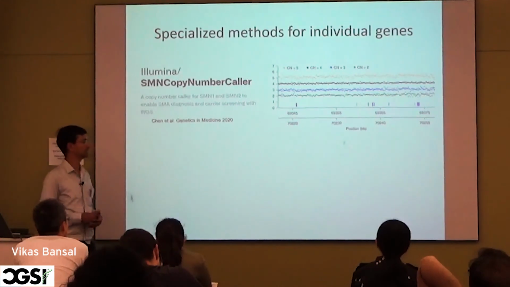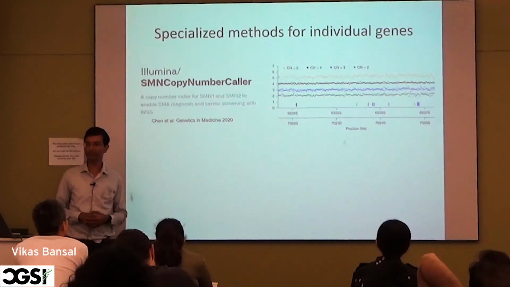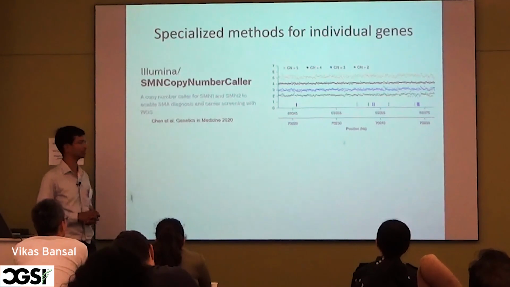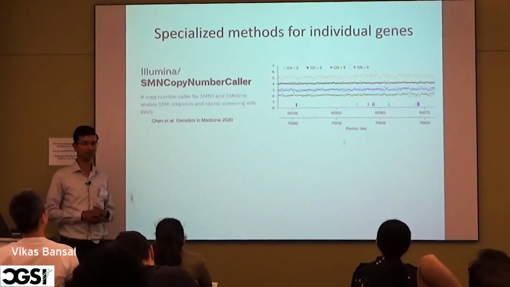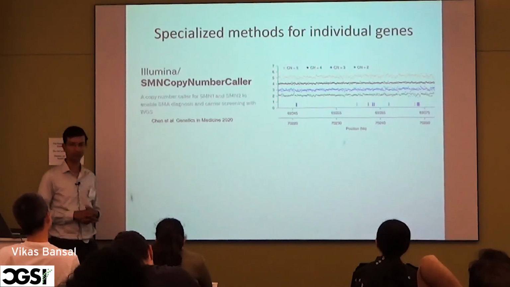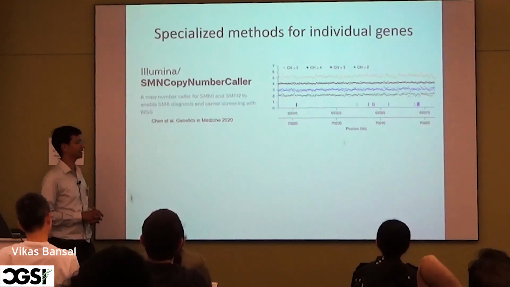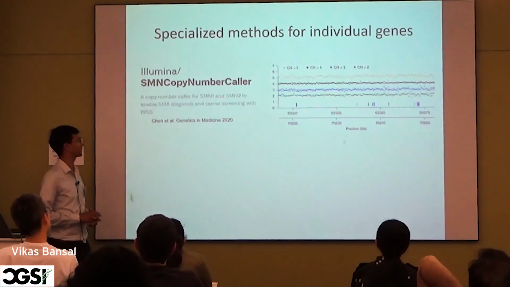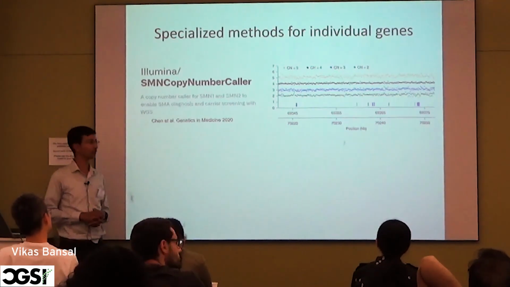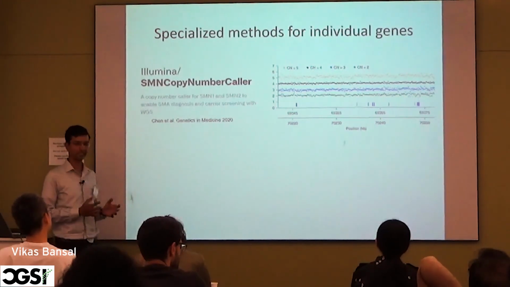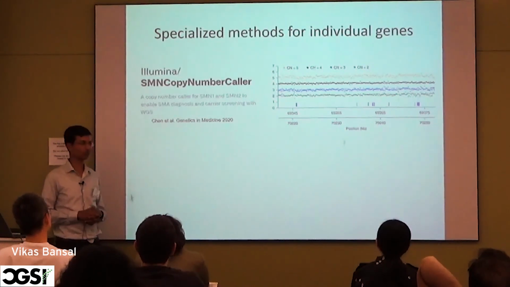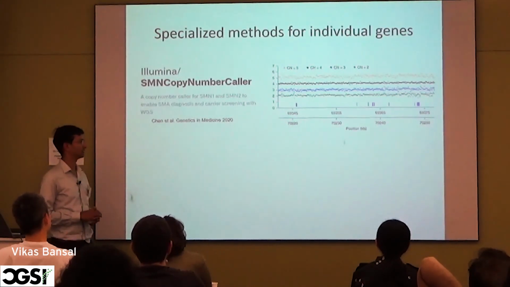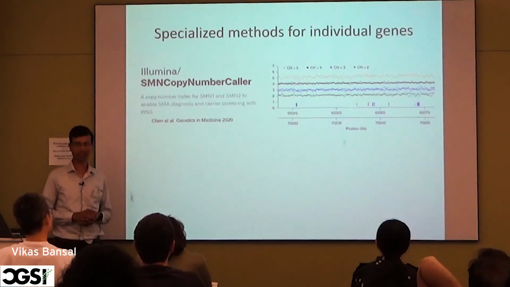Because these genes are so well studied and clinically important, some researchers have tried to address the challenge of being able to estimate copy number. In the case of SMN1, a group at Illumina developed a method called SMN Copy Number Caller, which is designed to estimate the copy number of SMN1 and SMN2 using whole genome Illumina sequence data.